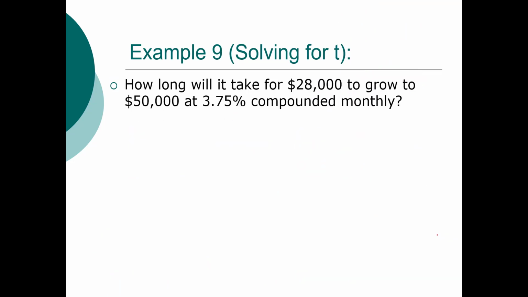Example 9. How long will it take for 20,000 to grow to 50,000 at 3.75% compounding monthly? Here, as you can see, we're solving for time t. One more time, we are given the initial balance, the initial principal, which is 20,000. The ending balance is 50,000.